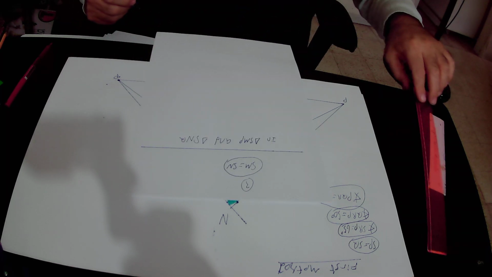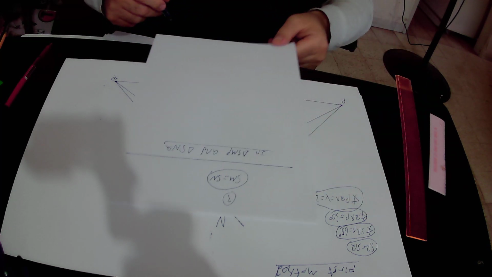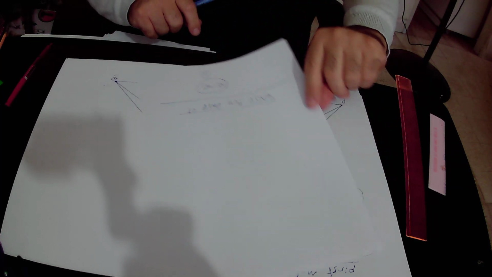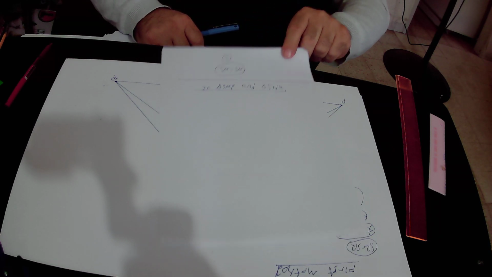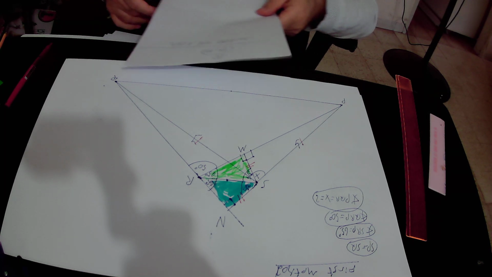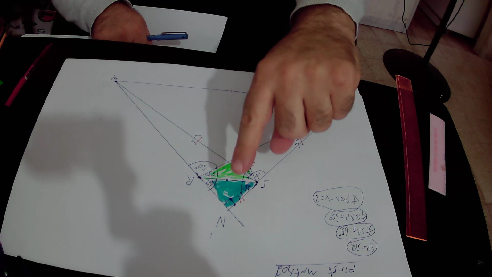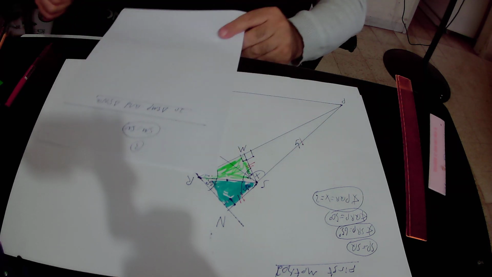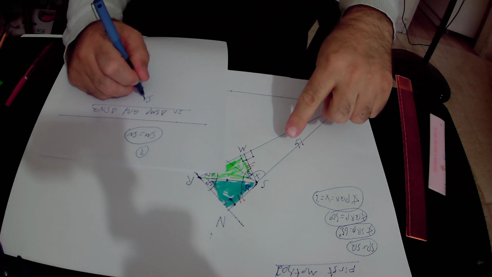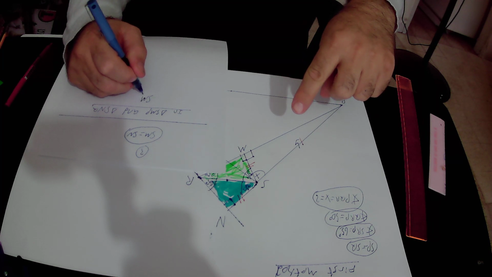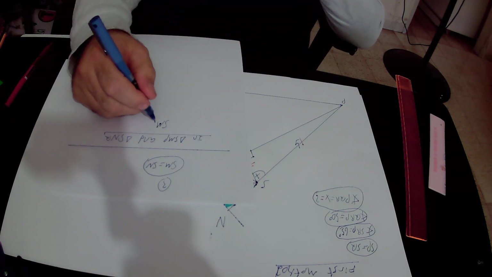Okay, we will focus on those two right triangles, and we will prove that triangle SMP is congruent to triangle SNQ. First of all, we just right now proved that SM equals SN. SM in the right triangle SMP is equal to SN in the right triangle SNQ.